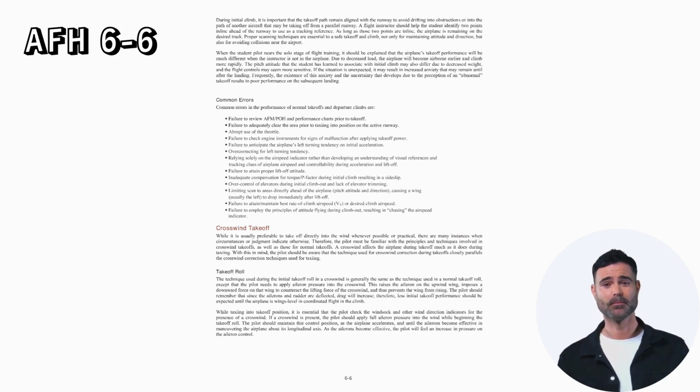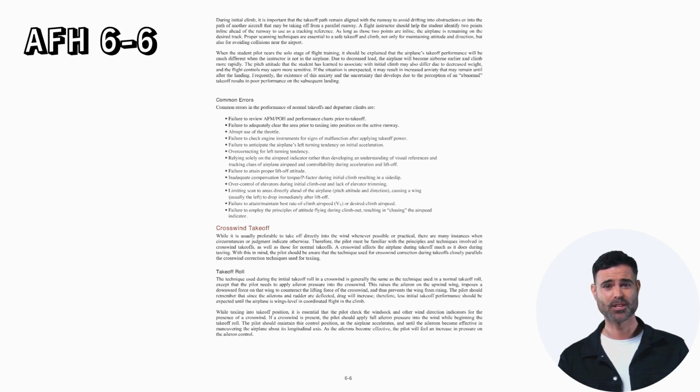Common errors. Common errors in the performance of normal takeoffs and departure climbs are: failure to review AFM/POH and performance charts prior to takeoff. Failure to adequately clear the area prior to taxiing into position on the active runway. Abrupt use of the throttle.